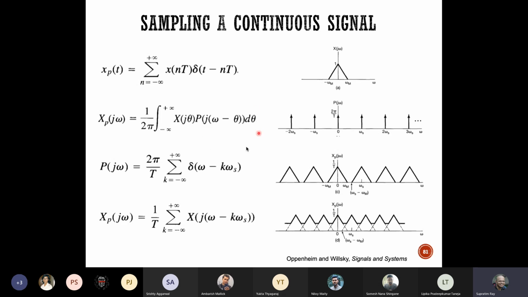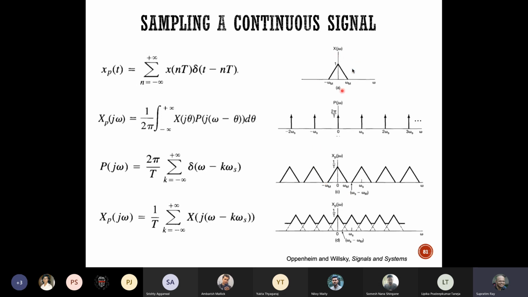And then I use the shifting theorem of a delta function, which means that whenever you convolve with a delta function that's sitting somewhere, you just basically take that signal and put it at that point. Delta function just shifts that. So essentially you end up getting one copy for each of the delta functions that are sitting in the frequency axis, and you get a representation like this.